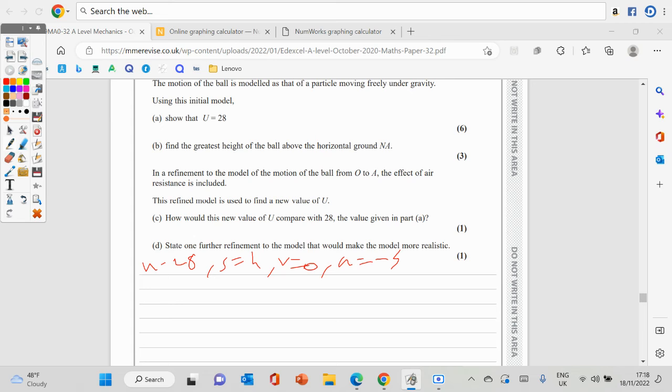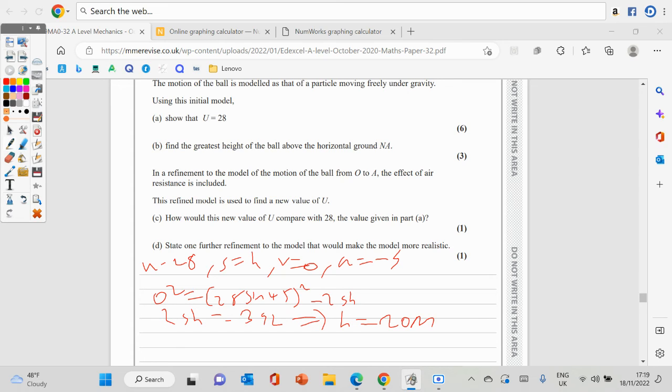So, it's going to be 0 equals 28 sin 45 squared minus 2gh. So 2gh is equal to 392. h is 392 over 2g, which is 20.